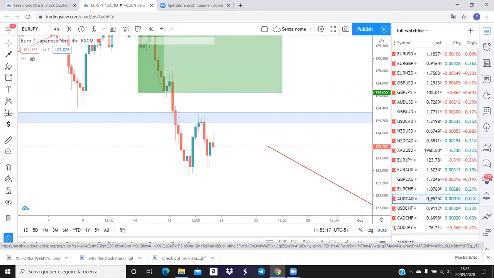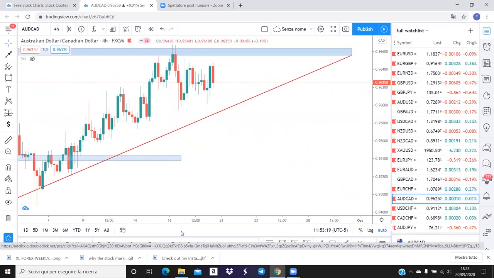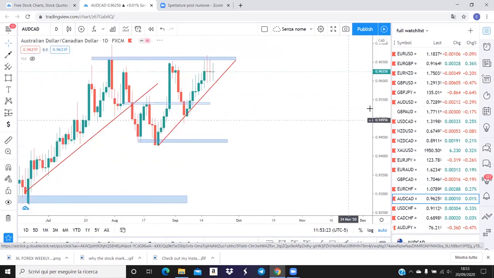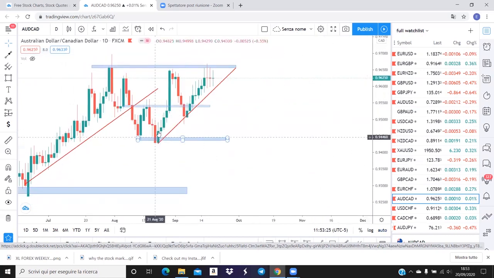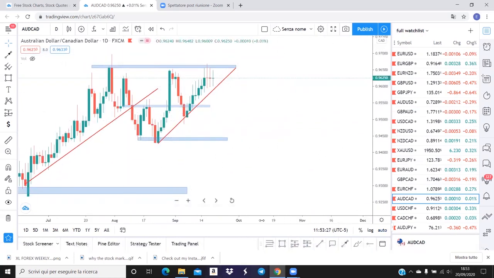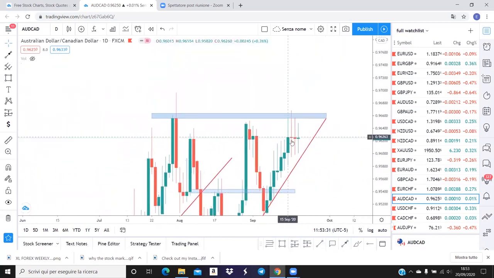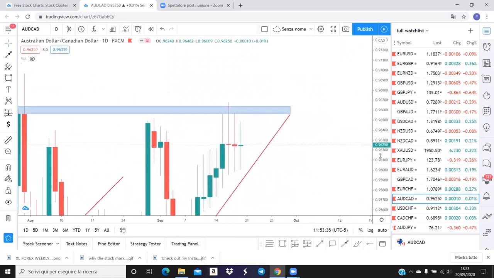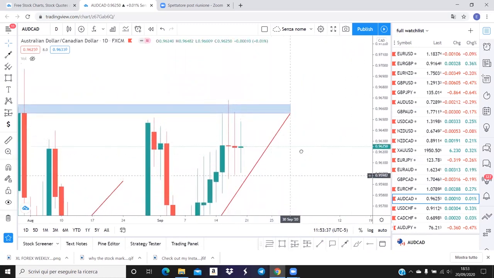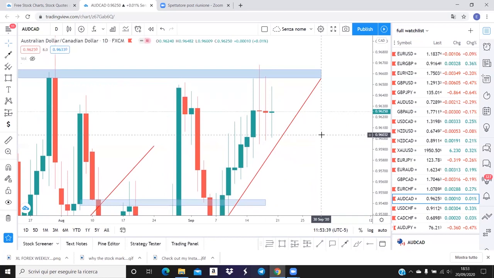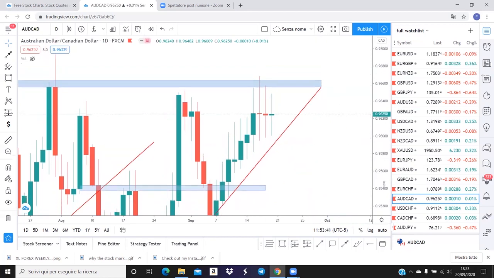Let's move on to AUDCAD. In the daily chart, we can see that we are creating this wedge pattern, but we also have to pay strong attention to the last 3 daily candles. We have 3 doji daily candles right here, which is a very strong sign of indecision in the market.